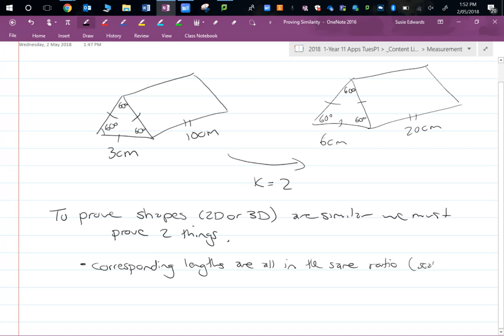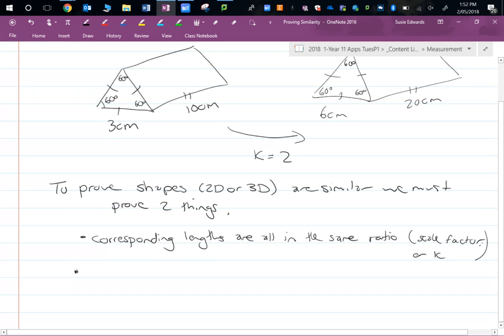So this is our scale factor, or K, but we can also leave it as a ratio. I'll show you an example of that in our questions. What's the other thing we need to show or prove? All corresponding angles are the same. That's what we need to do.